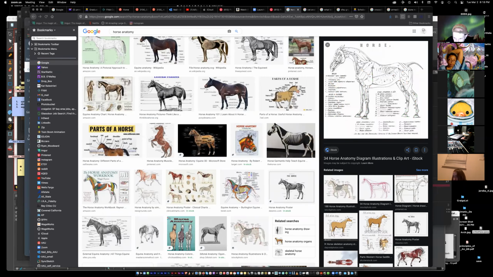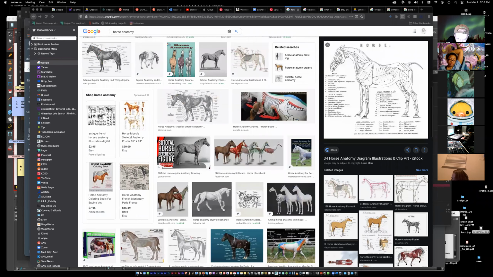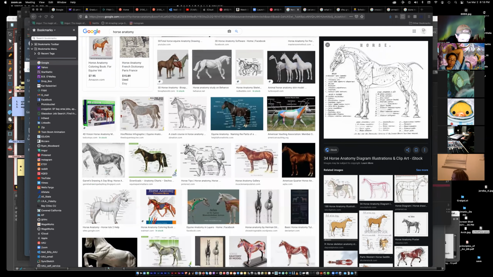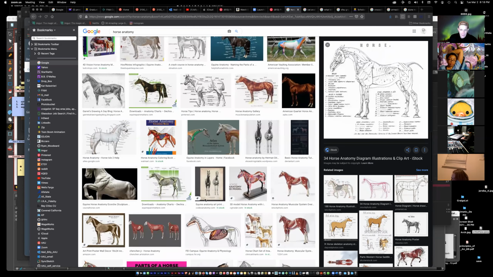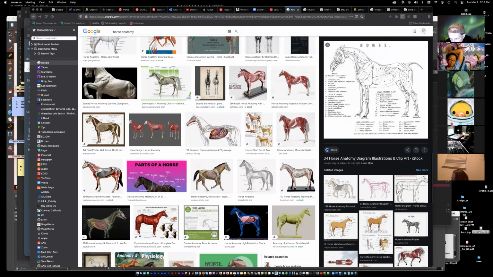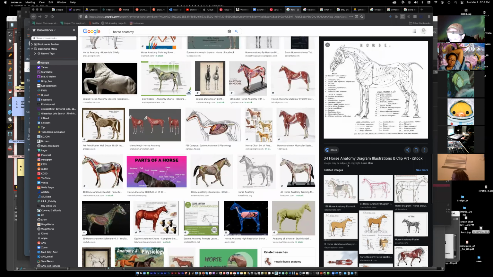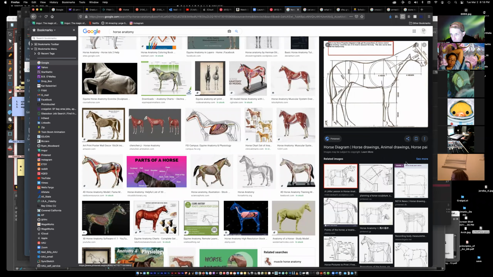Let me see if I can switch to a better drawing here. Hold on one second. I want to see if I can find one that is more like a medical illustration. This is interesting, let's take a look at this for just a second. Oh, this is proportional measurement, so that's kind of good.